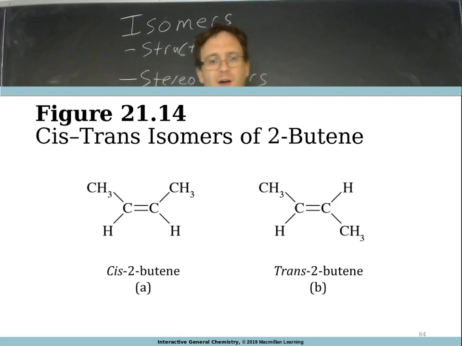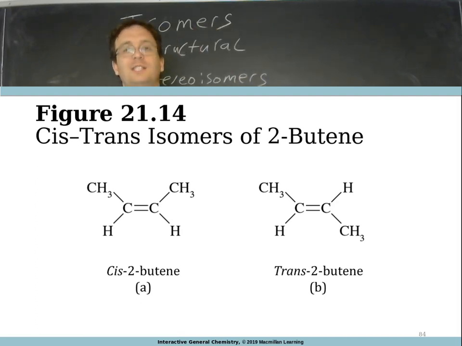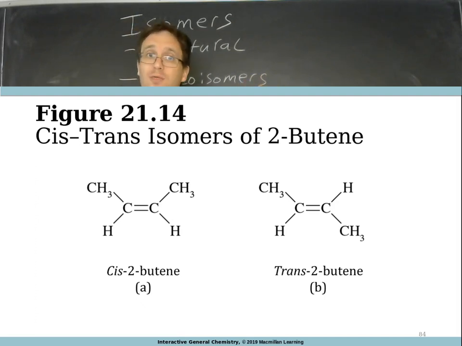On the left side here, you see cis-2-butene has got the two hydrogens both on the bottom of the double bond, and then the two methyl groups or CH3 groups both on the top side of the double bond.